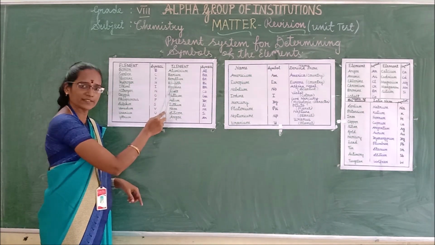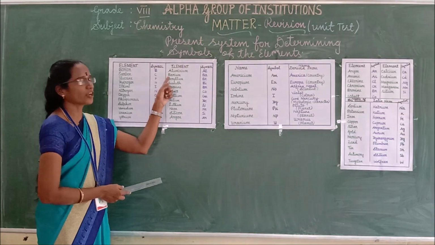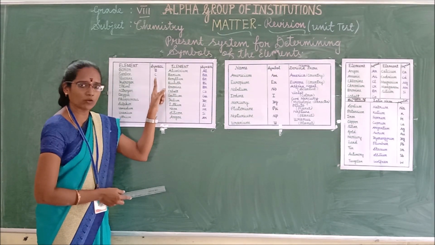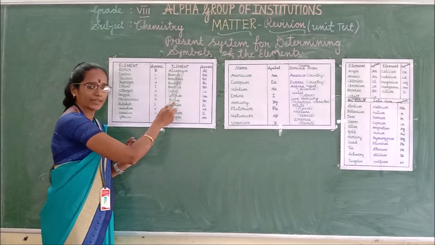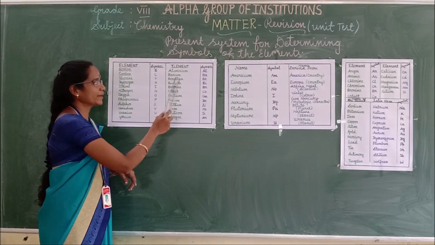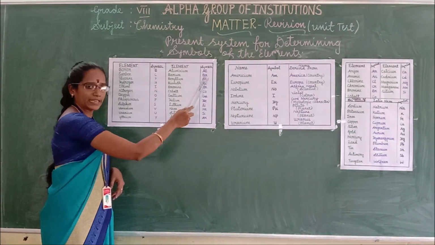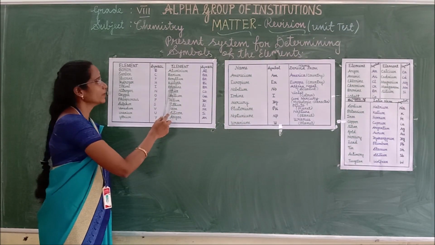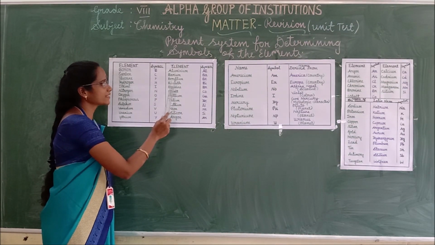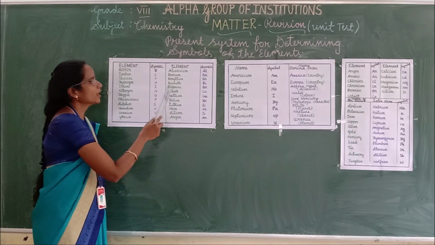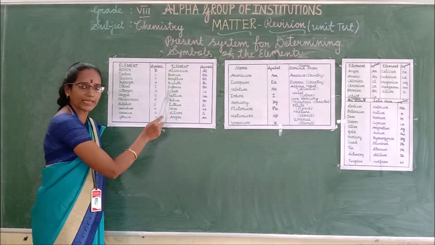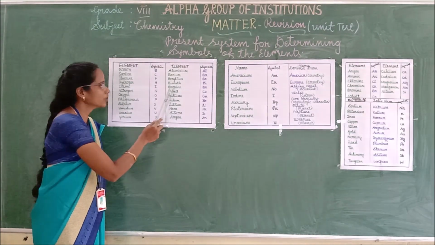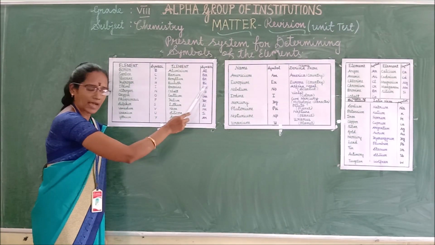The first letter is B and the second letter is E. So we cannot take the first letter only. We have to take the first two letters of the element name. So barium's symbol is Ba, and for beryllium, the first two letters, Be. And for bismuth, the first letter is B and the second letter is I. So the symbol is Bi.